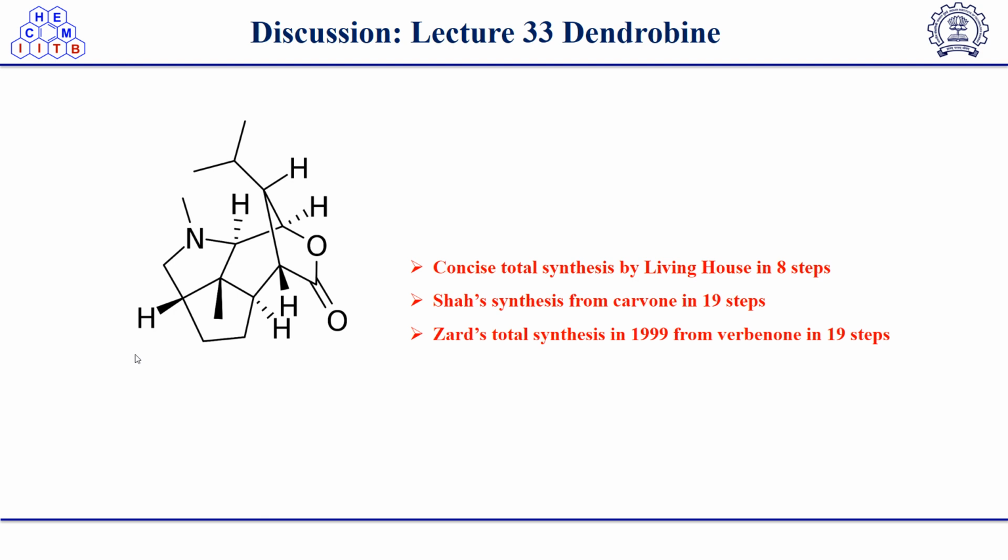Then in Shah's synthesis, the starting material was carvone, and he could complete the enantiomerically pure dendrobine total synthesis based on alpha carbonyl radical cyclization reaction in 19 steps. Then in Zard's total synthesis that was completed in 1999, he followed a chiron approach starting from verbenone, radical mediated ring opening, and Poisson-Kant reaction as the key reactions to construct the two five-membered rings, and he could complete the total synthesis in 19 steps.